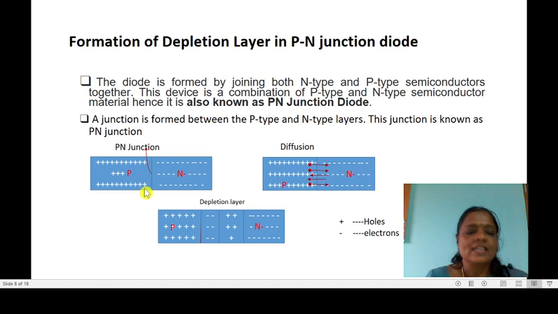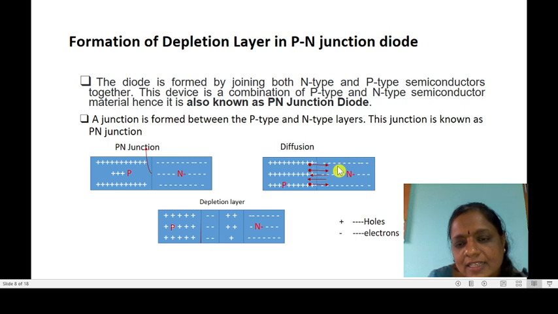We all know that holes are attracted by electrons and electrons are attracted by holes. So when the PN junction is formed, holes try to cross this junction and move towards the N side. Why?